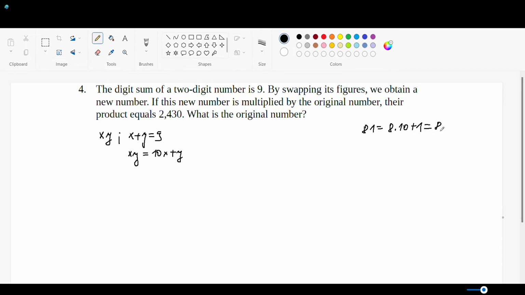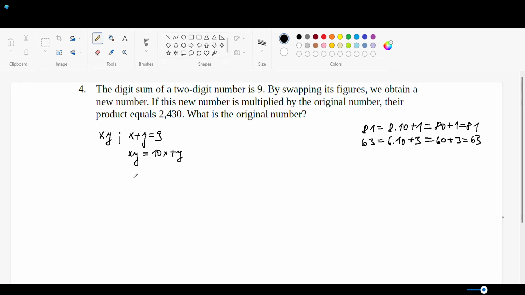So it is 80 plus 1, and it is really 81. So this expression is really representing a two-digit number. Okay, let's take another one. 63 is 6 times 10 plus 3, which is 60 plus 3, and it equals really 63.